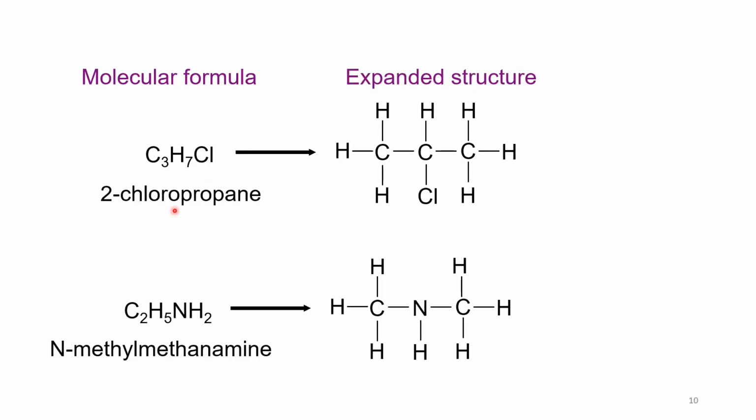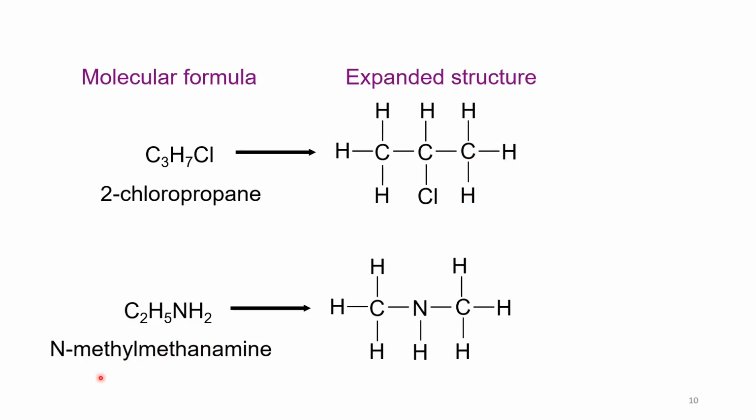For the next example, we have 2-chloropropane, where at the second carbon there is 1 chlorine atom. First carbon is attached to 3 hydrogen atoms, the second carbon is attached to 1 hydrogen atom and 1 chlorine atom, and the third carbon is attached to 3 hydrogen atoms. So this is the expanded structure for 2-chloropropane.